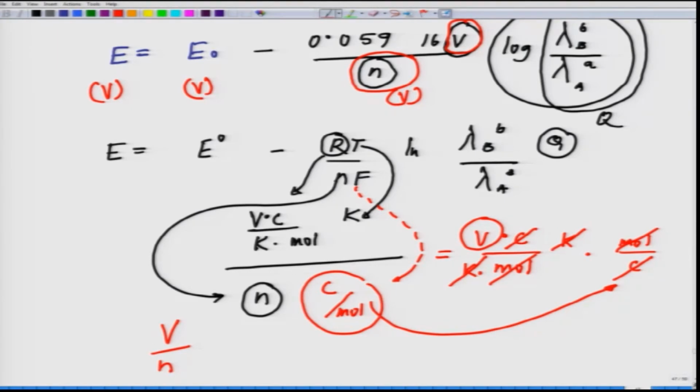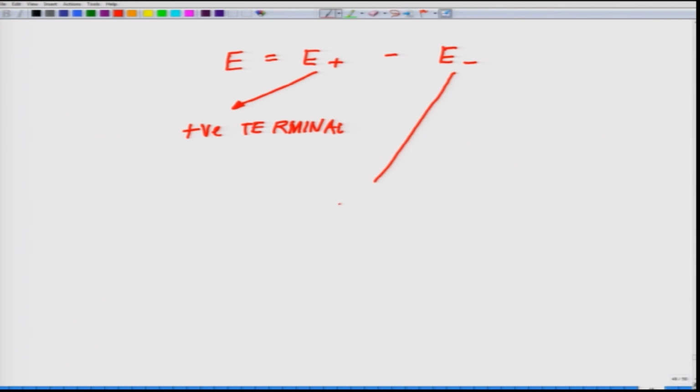The Nernst equation for a complete reaction is E is equal to E plus minus E minus, where E plus is the potential of the electrode attached to the positive terminal of the potentiometer, and E minus is the potential of the electrode attached to the negative terminal of the potentiometer.